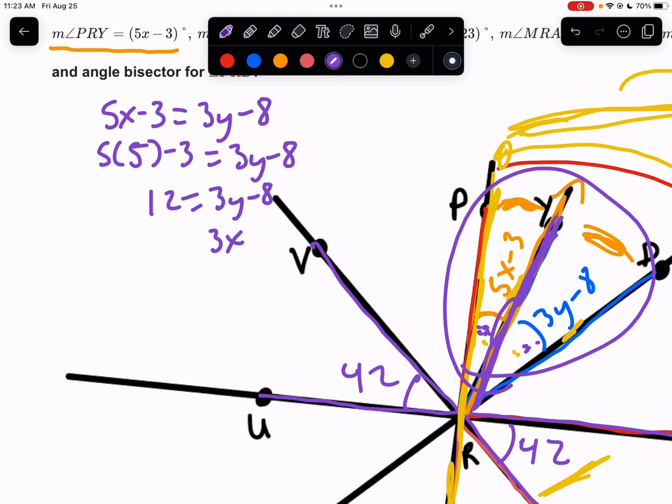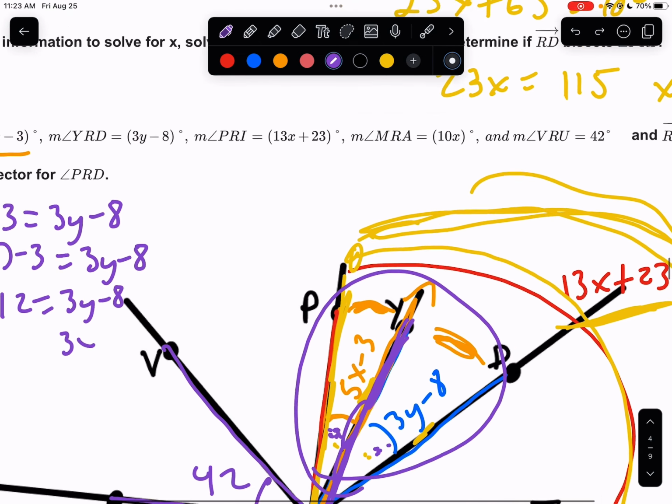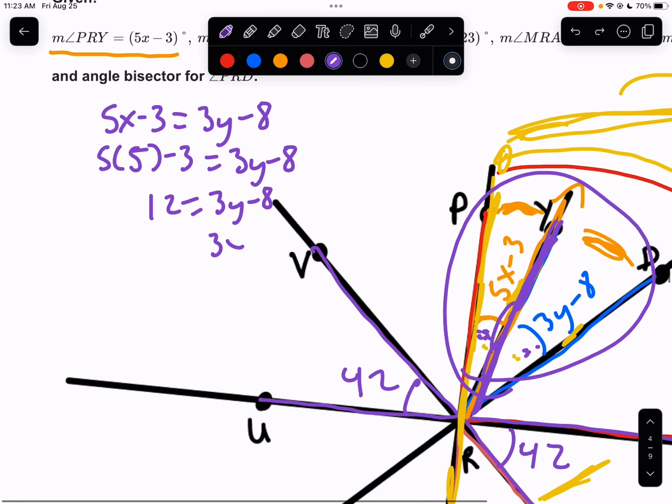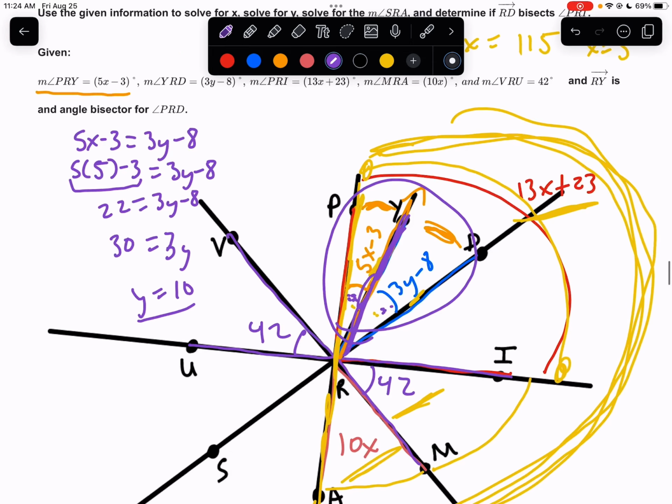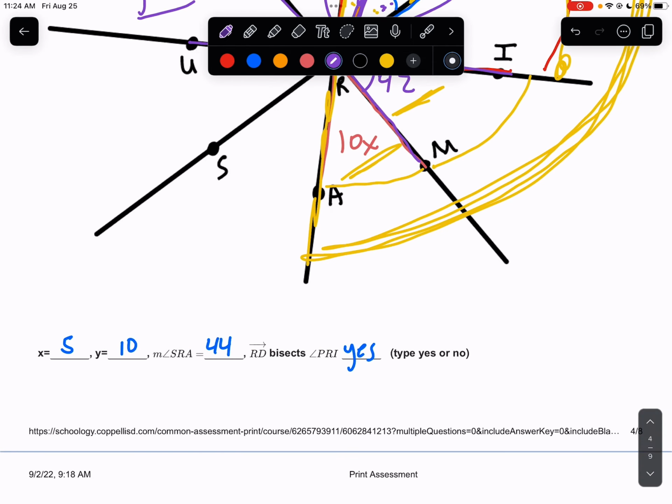Wait, x equals 5, right? 5 times 5. What did I mess up? That doesn't feel right. Oh, I see. Mistakes happen all the time, guys. I messed up. It is 5 times 5, which is 25. 25 minus 3 is 22. There we go, so this equals 22. That's where I messed up. Add 8, and you get 30 equals 3y. So y equals 10. And that's another one of our answers.